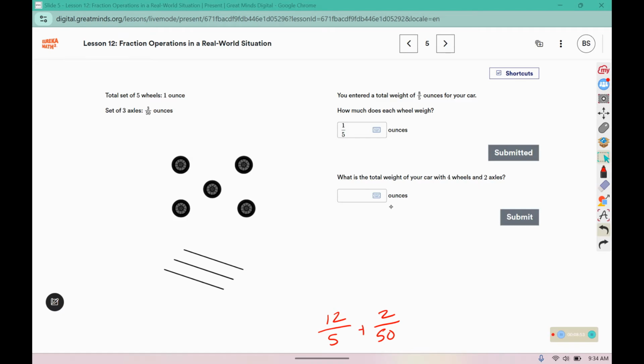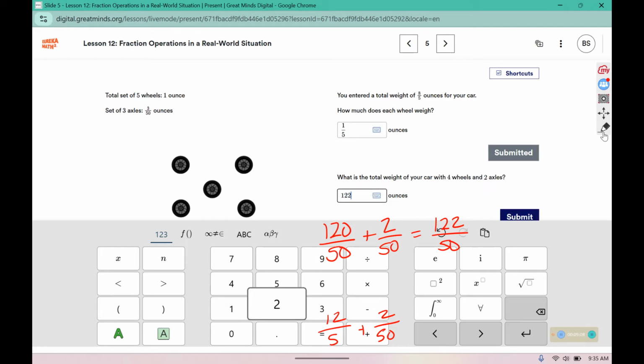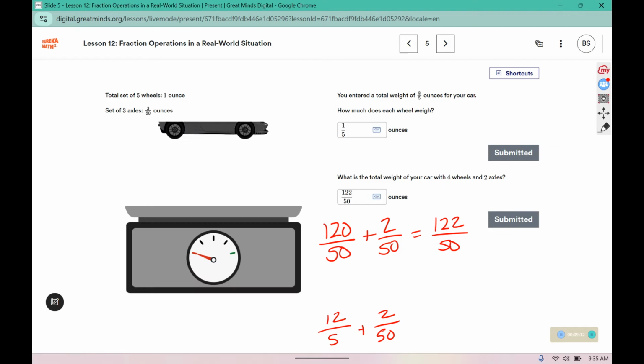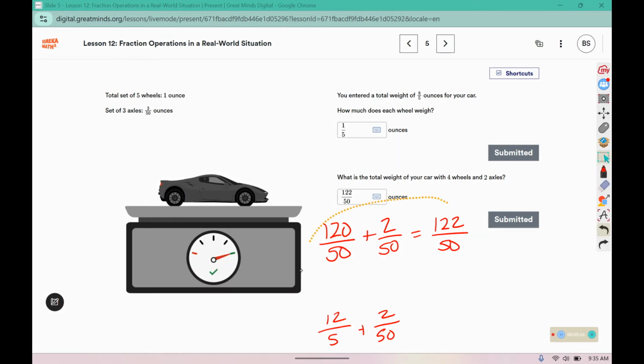So this is 120 instead of 12, and 50 instead of 5. Now 120 plus 2 is 122/50. And I have a check mark.